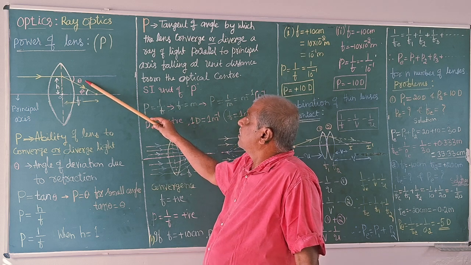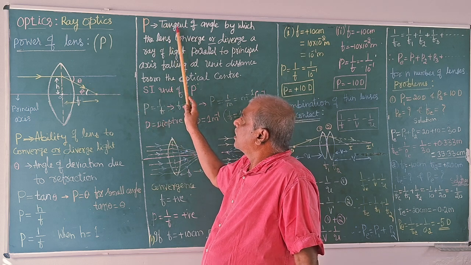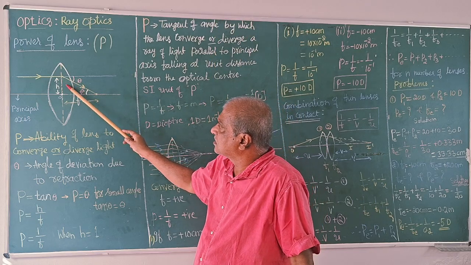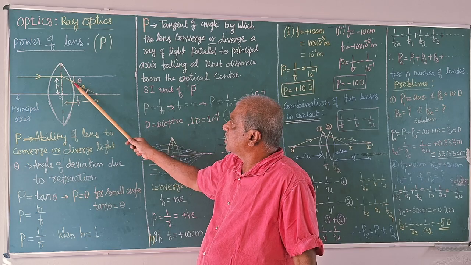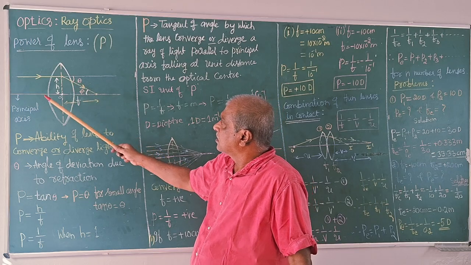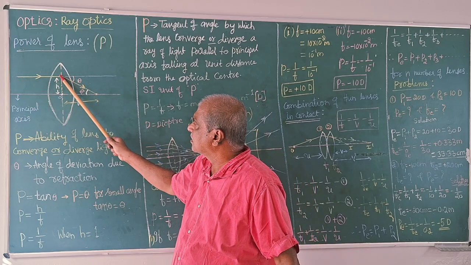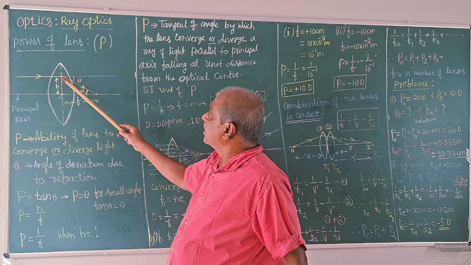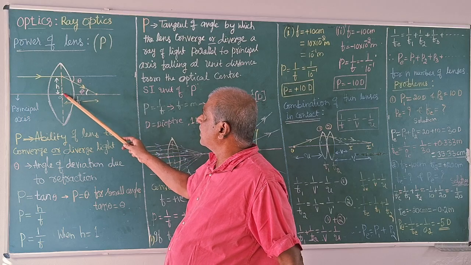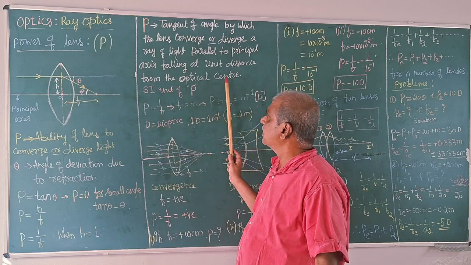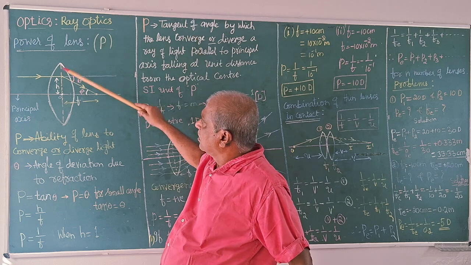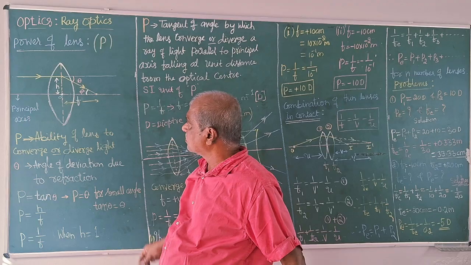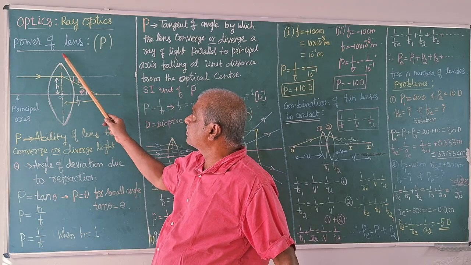Here convergence or divergence, angle of tangent by which the lens converges or diverges the ray of light parallel to the principal axis falling at a unit distance from the optical center, h equals 1. There is a definition for power of lens.